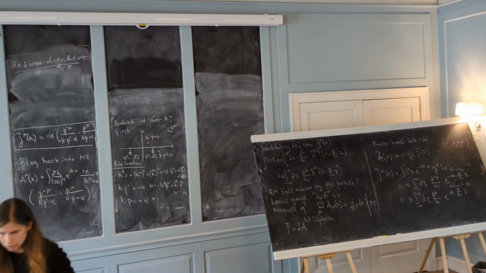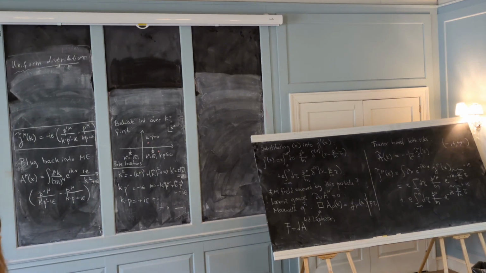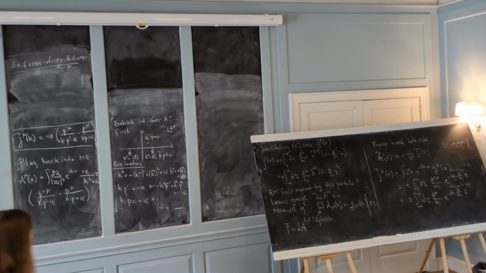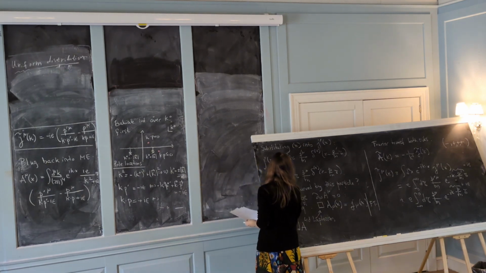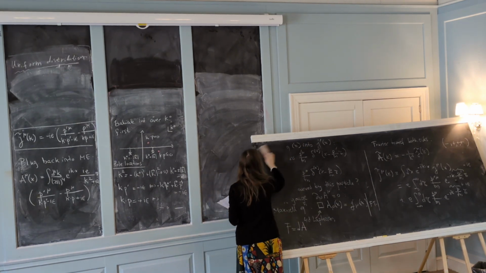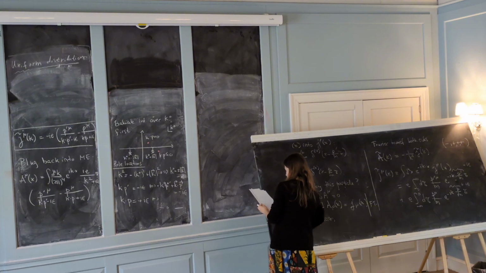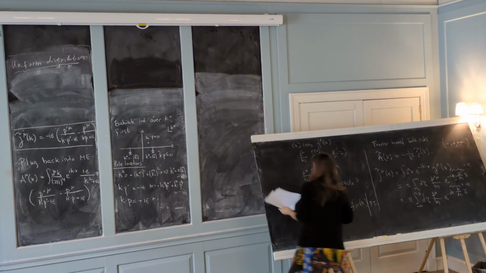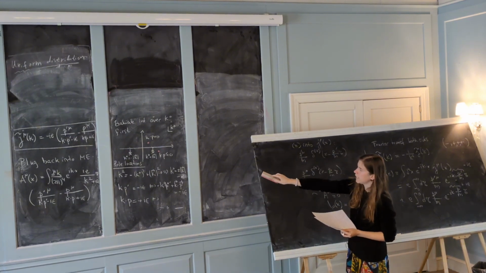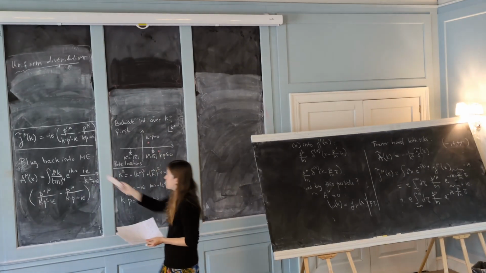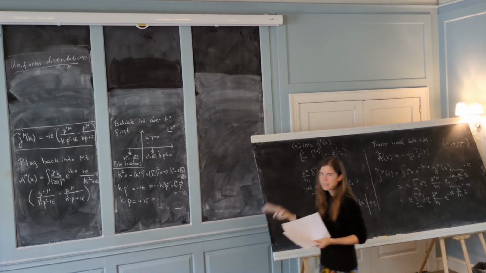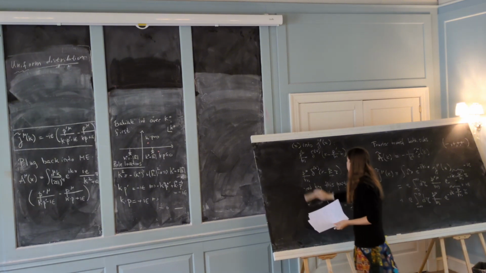Now, with this information, we can evaluate the integral over k0. We should consider the two cases, because I can split x into t and the 3-vector x, so there are two cases to consider: one when t is less than 0 and one when t is greater than 0.